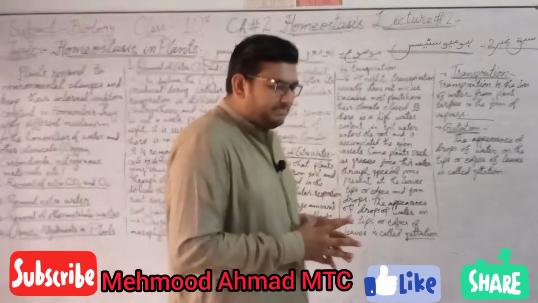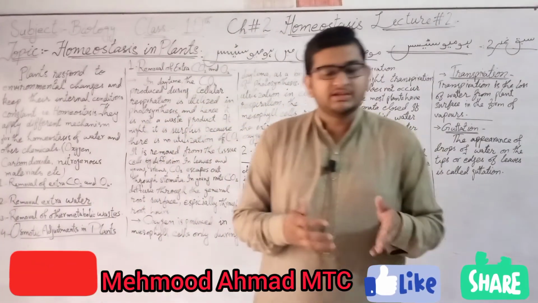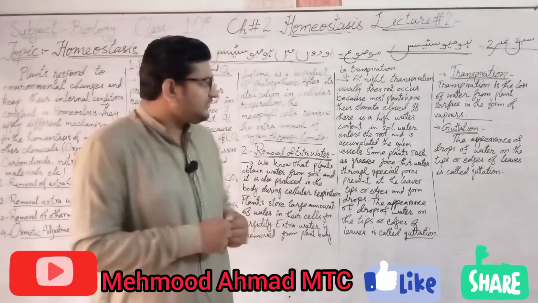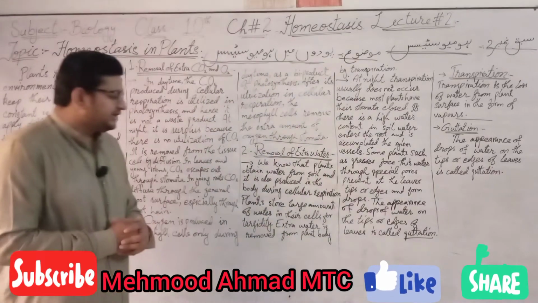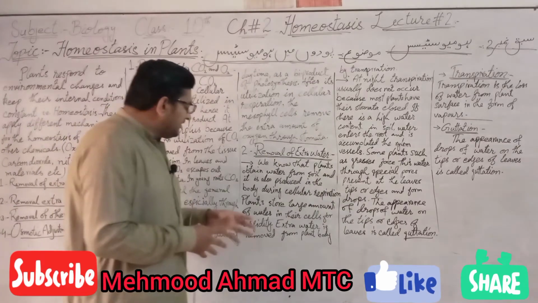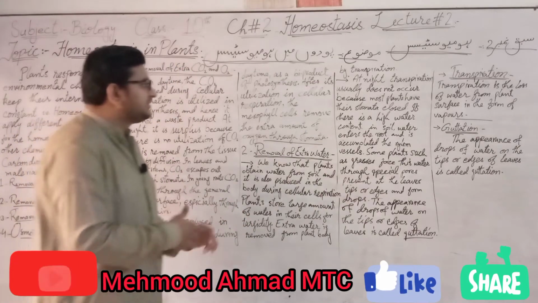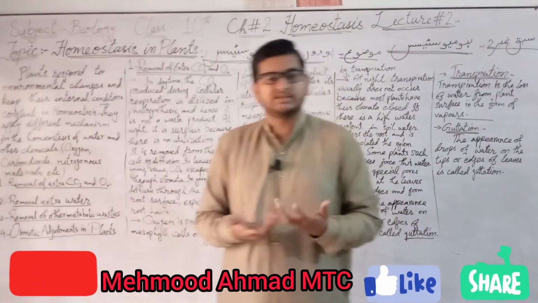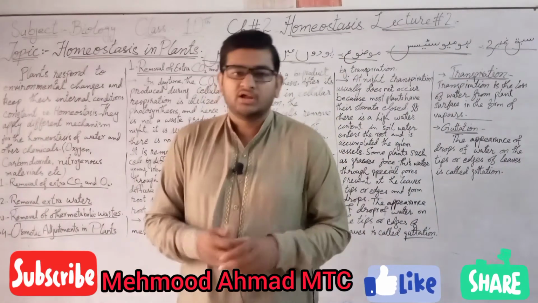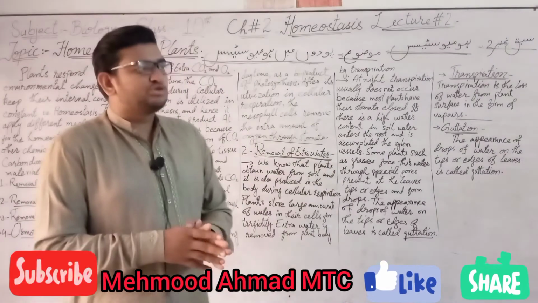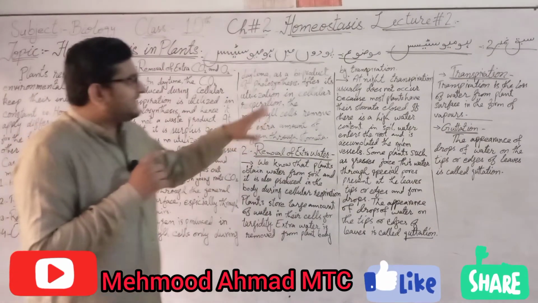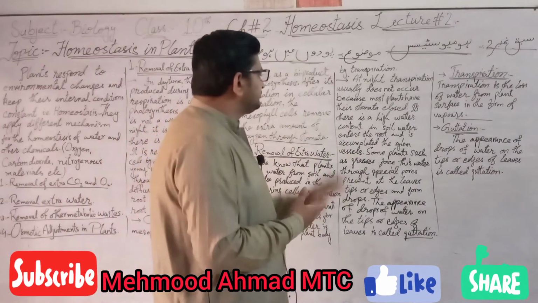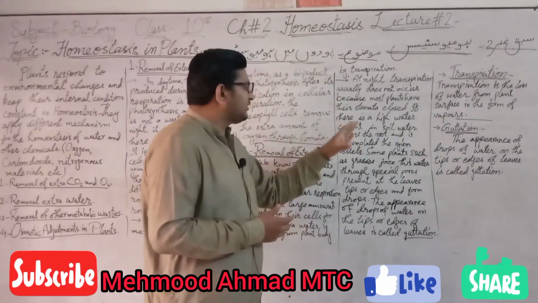So we know that plants need water and they absorb the water from the soil for their turgidity, to become turgid. But in daytime it is removed by transpiration from the stomata. At night transpiration usually does not occur because most plants have their stomata closed.